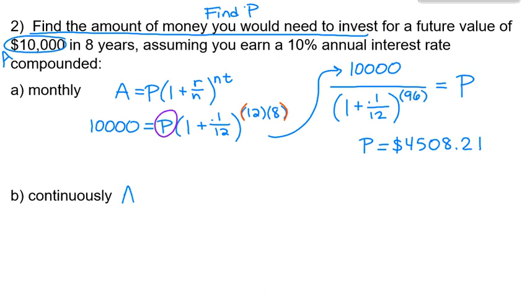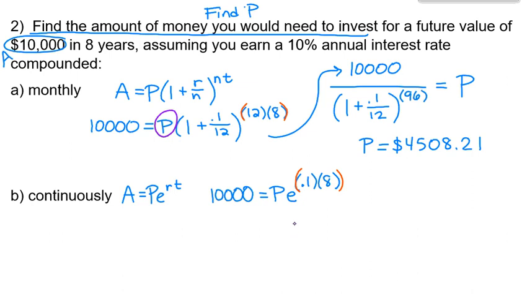Let's repeat that process for continuously using the Pert formula. And we're going to plug in $10,000 for A. We don't know P. And we have E raised to the interest rate, 0.1 for 10% times the number of years, 8. Same idea. We need to divide both sides by our number over here that's being multiplied by P so that we can get P by itself.